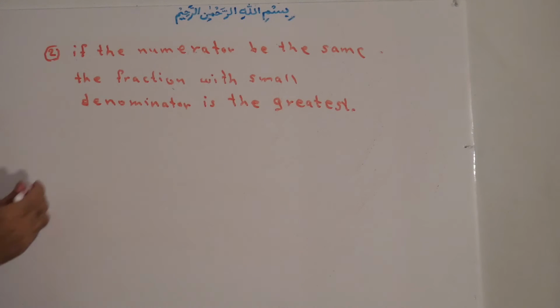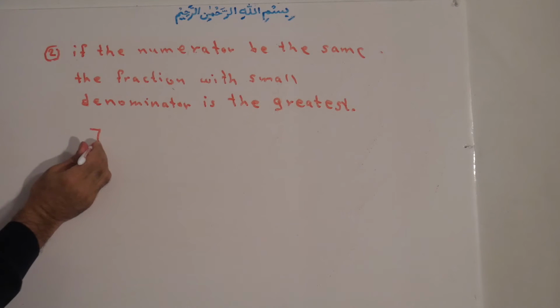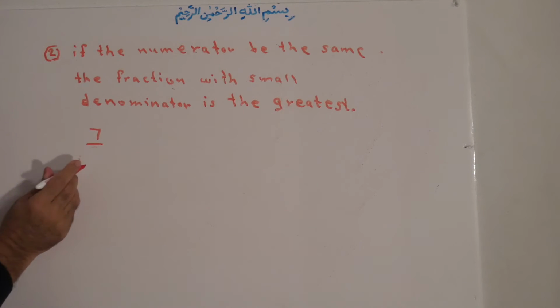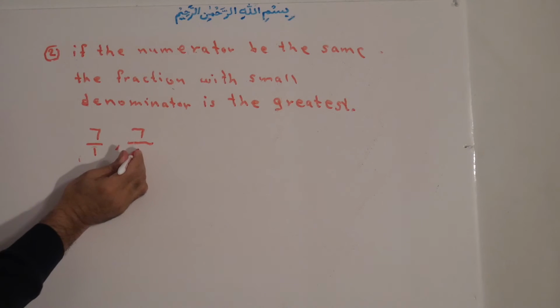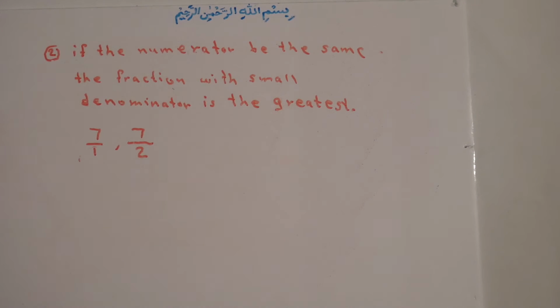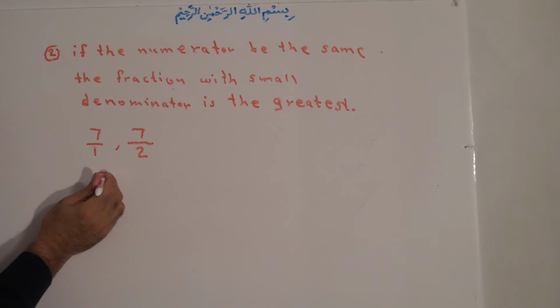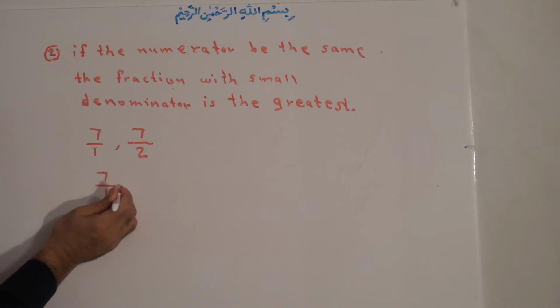For example, if you have two fractions, one is 7 over 1, the other is 7 over 2. Now we see the numerators are the same, 7. The one with the smallest denominator is the largest, or the biggest, or the greatest. What we do now, we subtract 7 over 2 from 7 over 1.